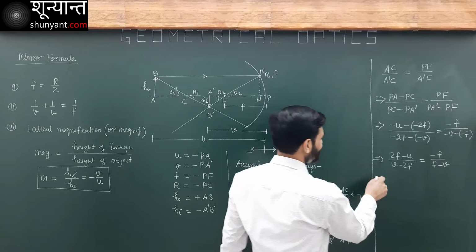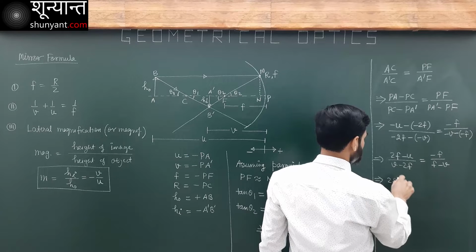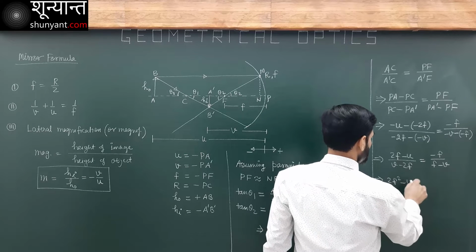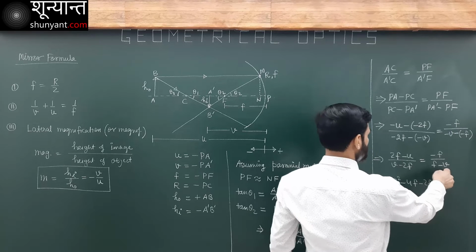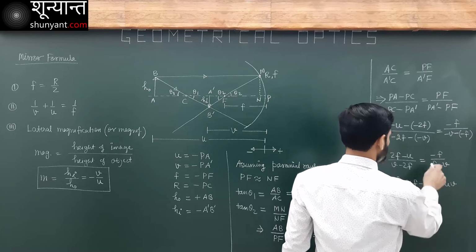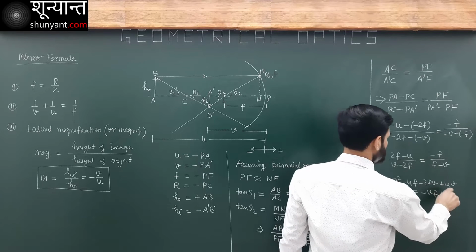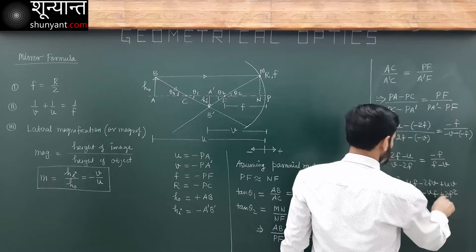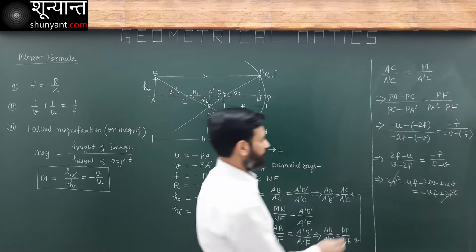Soon we are going to get the answer. This is going to be equal to 2F square minus UF minus 2FV plus UV is going to be equal to minus VF plus 2F square. This gets cancelled.